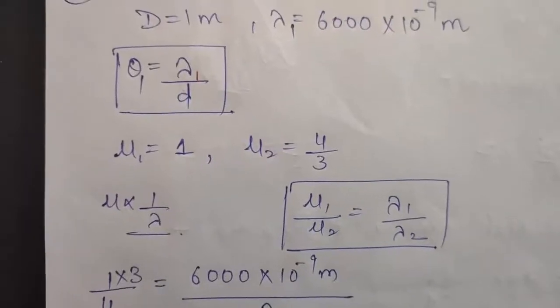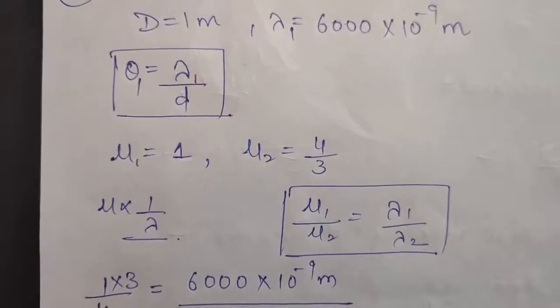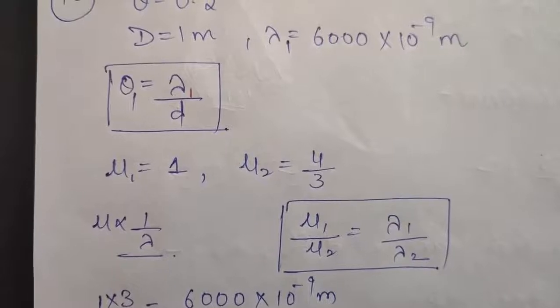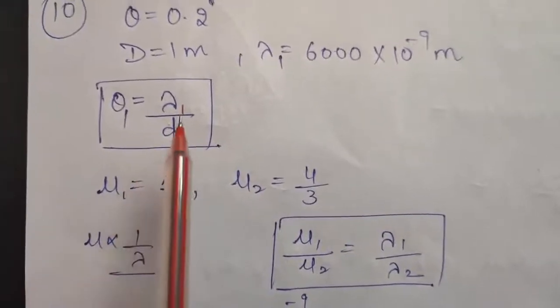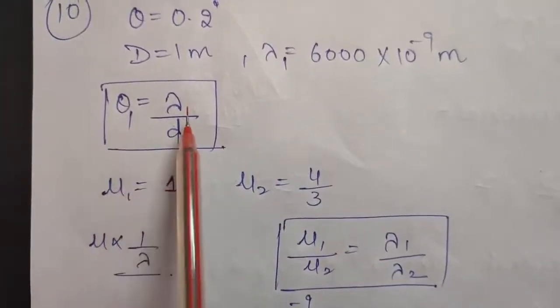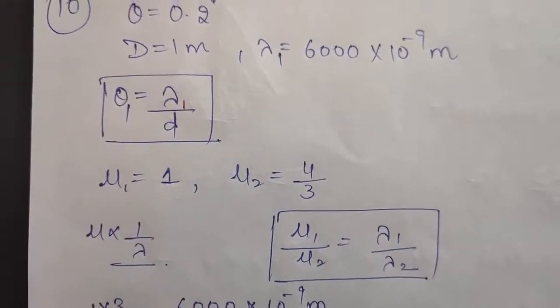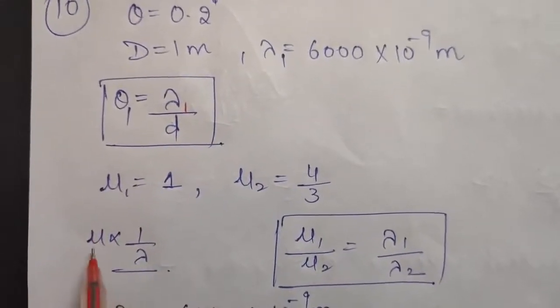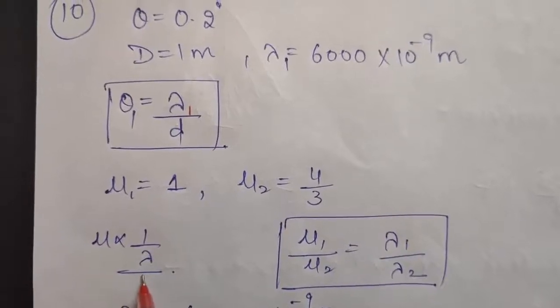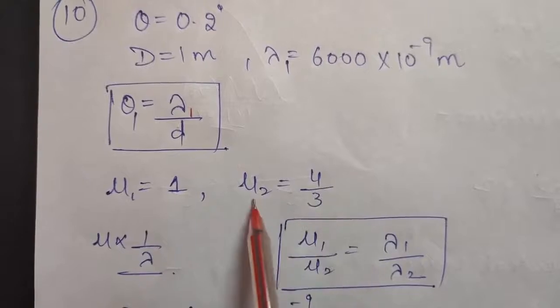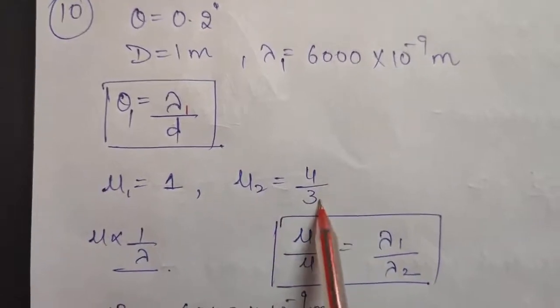Now it is asked what will be the effect on the angular width if the whole apparatus is immersed in water. As you can see clearly, your angular width depends on lambda, and lambda depends on refractive index, as refractive index is inversely proportional to lambda. So for air, your mu 1 is 1. For water, your refractive index is 4 by 3.